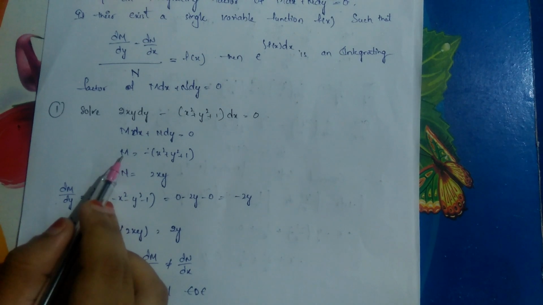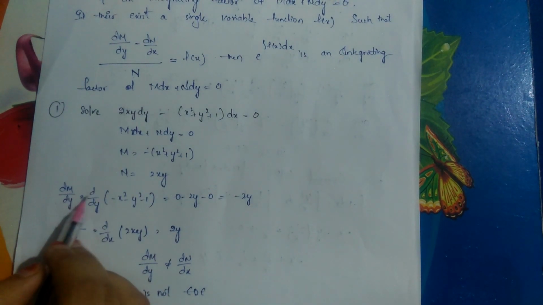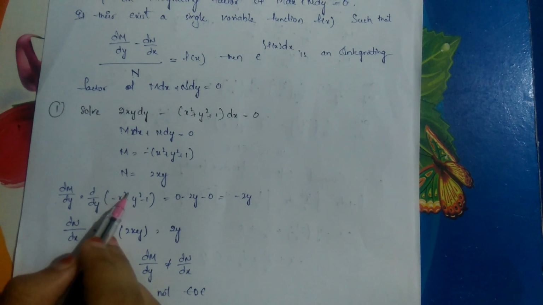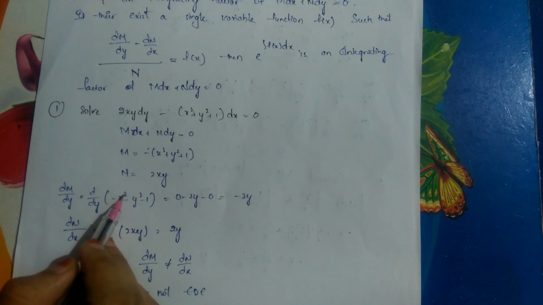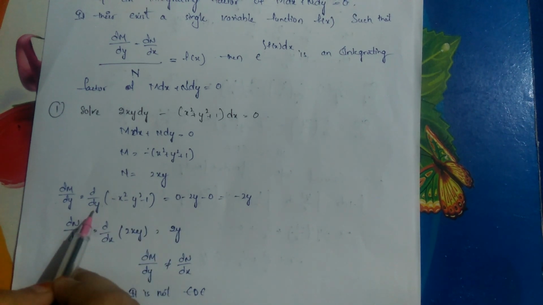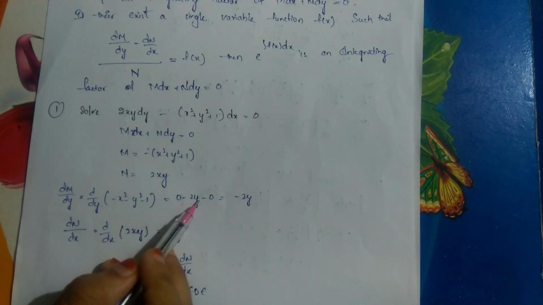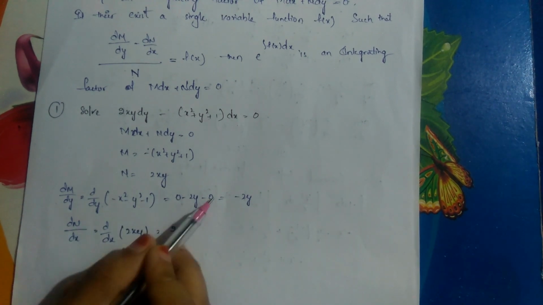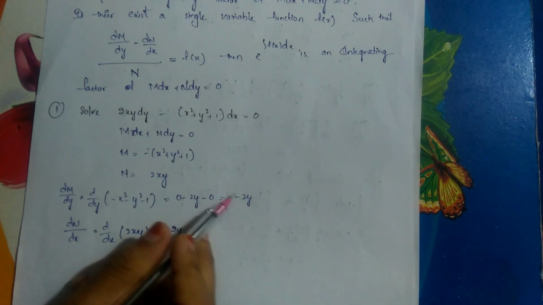Now differentiate the function M with respect to y, that is ∂M/∂y, which equals ∂/∂y of (minus x square minus y square minus 1). The x square differentiation is 0 because you are differentiating with respect to y, minus y square differentiation is minus 2y, and the constant differentiation is always 0. So that comes as minus 2y.